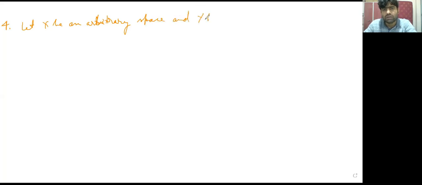Next, example 4. In example 4, let x be an arbitrary space and y be a convex subset of Rn.